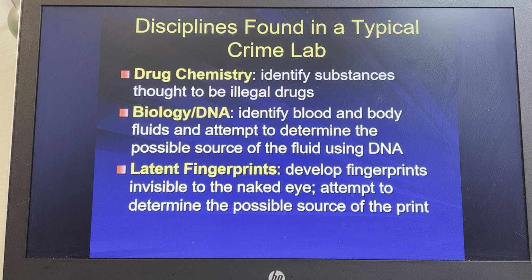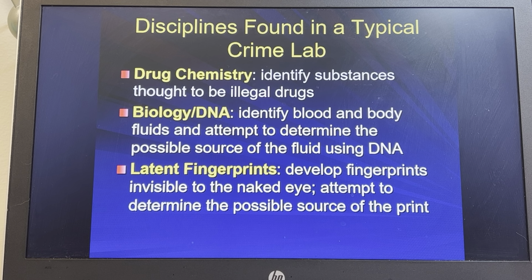Biology, DNA, that's the section that I worked in. And so kind of what we're used to seeing, stuff that is always kind of yucky. Drug chemists don't see a lot of really icky stuff, meaning that it's covered in blood and body fluids. It tends to be just baggies of drugs, or something that's not covered in yucky fluids, basically. But in biology, DNA, that's all we see.